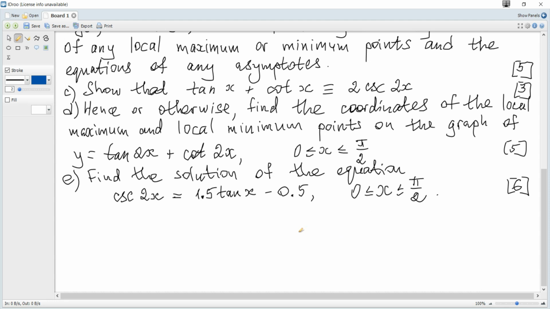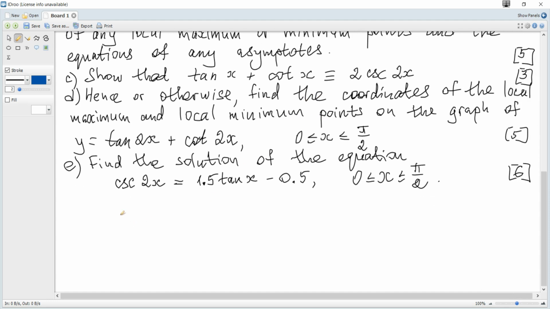In general we can use that tangent is sine over cosine, cotangent is cosine over sine. So tangent plus cotangent of x is sine over cosine plus cosine over sine.